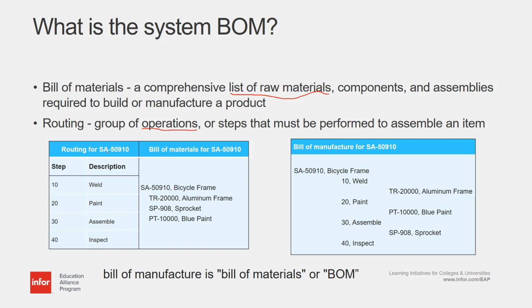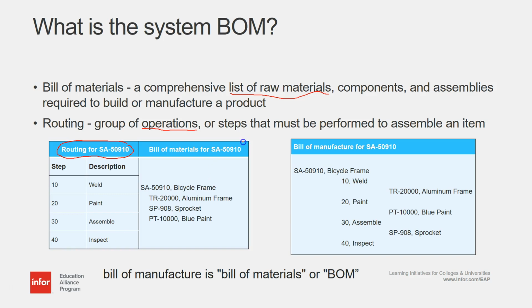So here's an example. We have the routing, which is the steps here. The routing is going to include, in this case, 4 steps: 1, 2, 3, 4. The welding, the painting, the assembly, inspection, in this case for a bicycle.